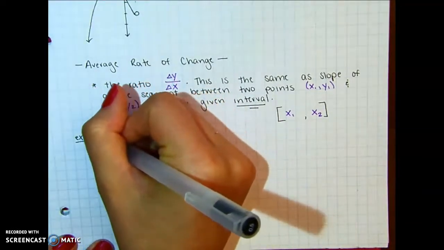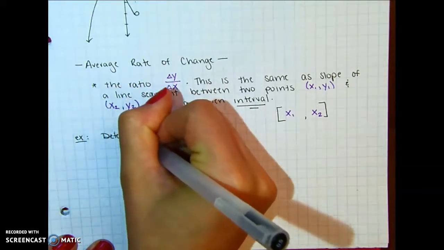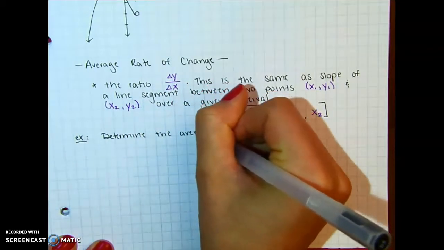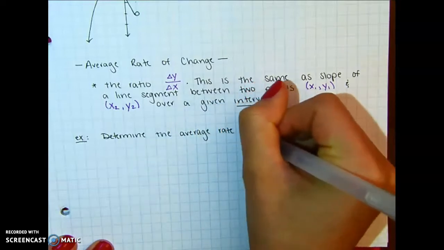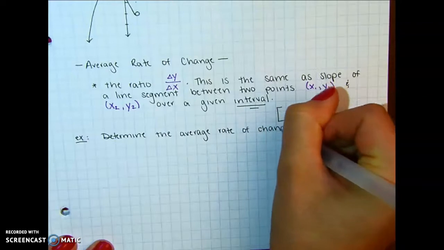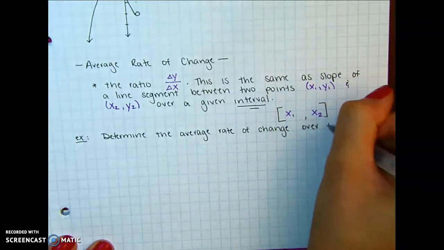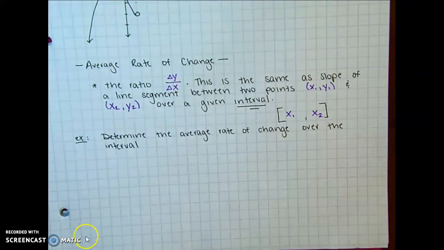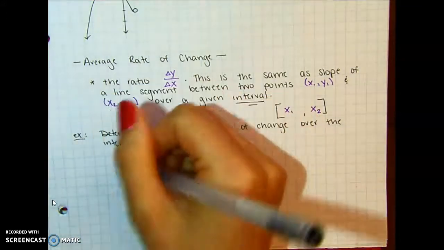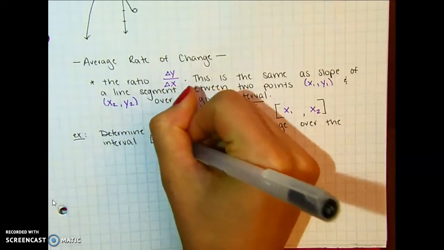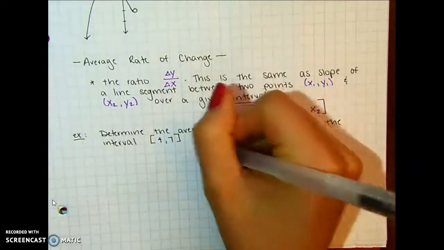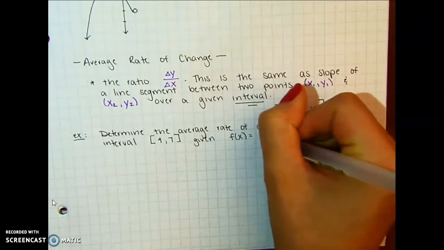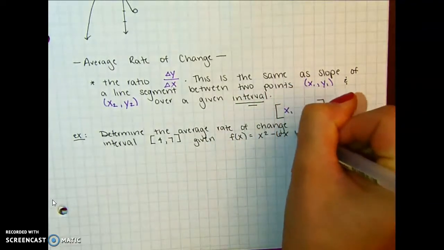So let's do: determine the average rate of change over the interval 4 to 7, given the function f of x equals x squared minus 6x plus 6.